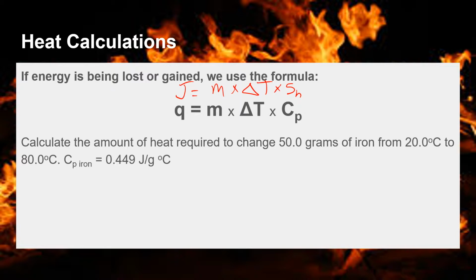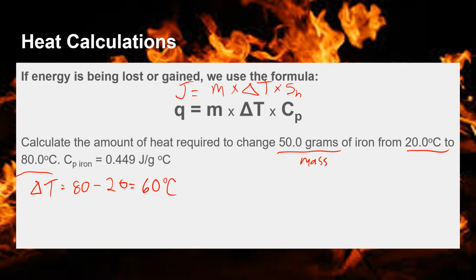All right, so here we're just going to plug all these things in. We have 50 grams, so that's a mass. We have 20 degrees to 80 degrees, so that's our delta T. And one thing you want to do with the delta T is make sure it stays positive. It's just going to make your life a lot easier if you always keep it positive. So 80 minus 20 is 60 degrees Celsius. That's better than taking 20 minus 80.